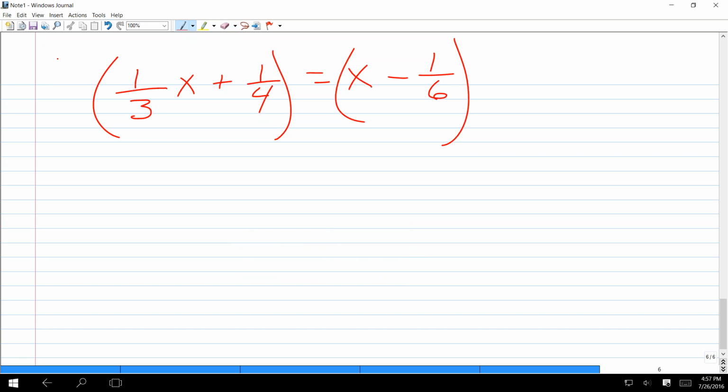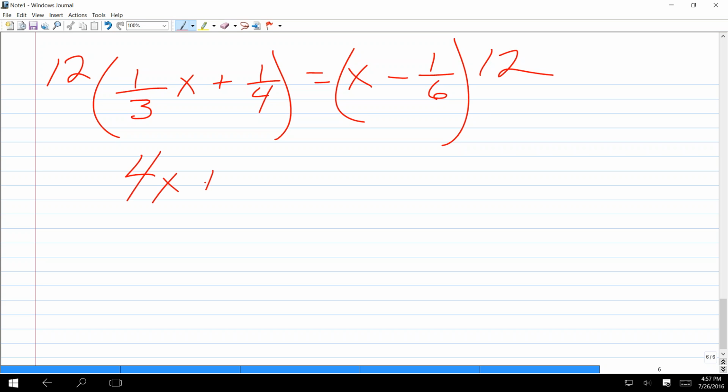In other words, if I multiply both sides by 12, I'm going to get rid of all denominators. Watch what happens in one fell swoop. What is 12 times 1/3 x? So it's going to be 4x.